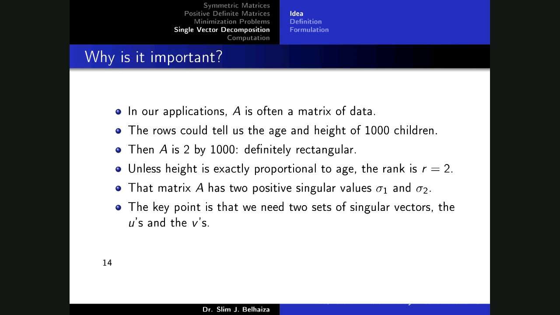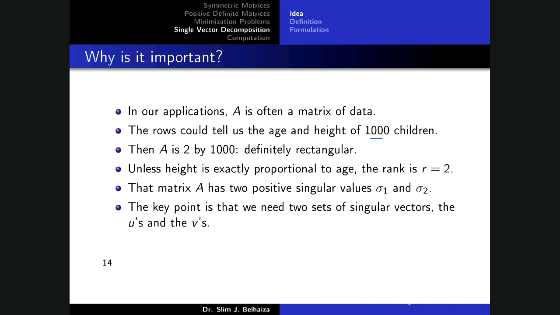So for example, let's talk about an application. Let's suppose we have a matrix of data, and the rows tell us about the age and the height of 1,000 children, for statistical representativity, if you wish. So how many entries?